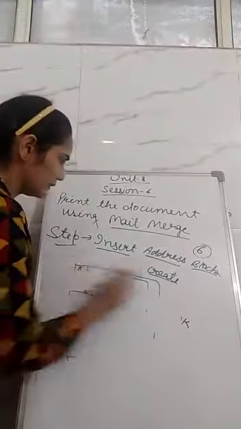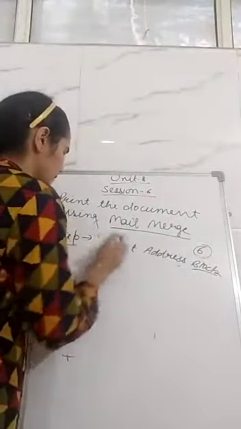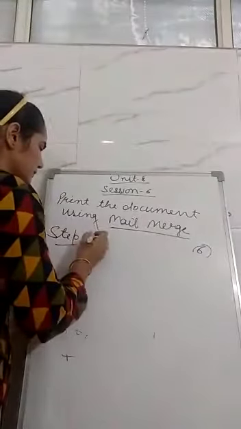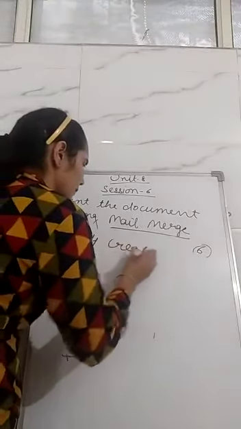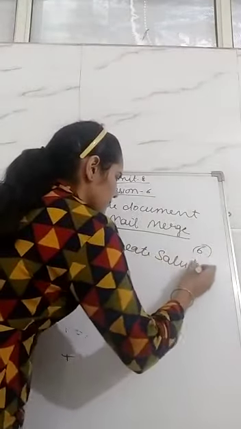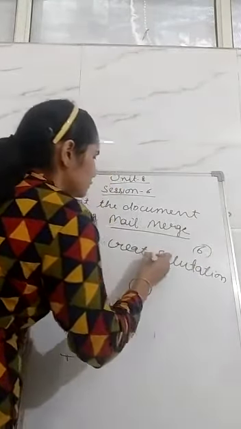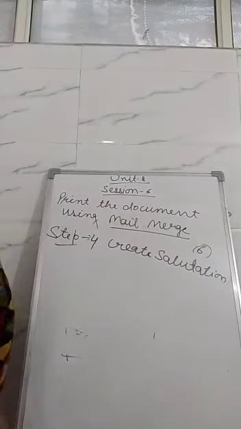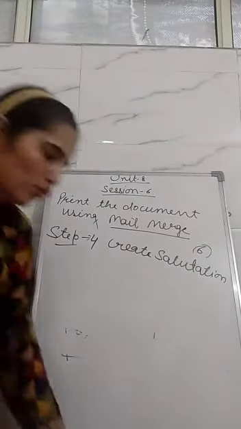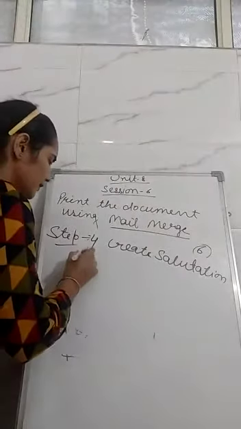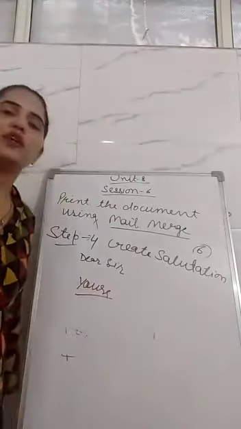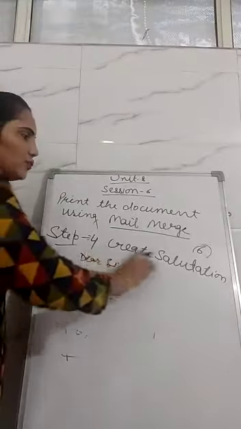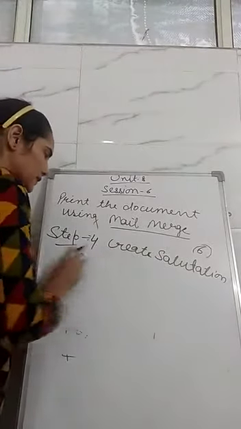Now, after creating an address block, comes step number 4, that is create salutation. Create salutation means suppose that you want to add a salutation like to whom it may concern. If you want to write dear sir, yours sincerely, this kind of salutation, then you will click on create salutation.